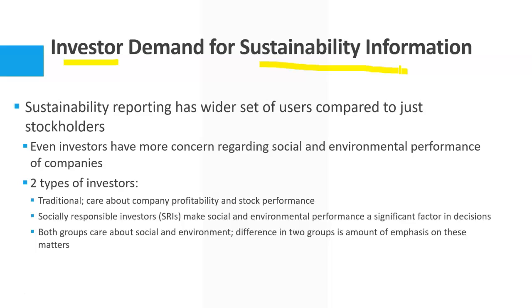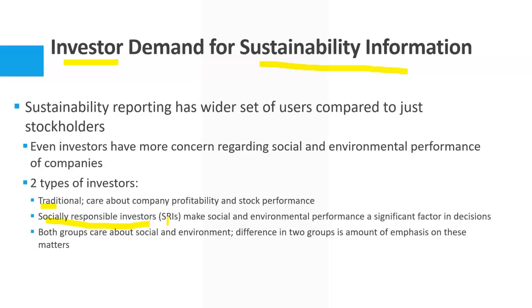To understand the investment community demand for the information content in sustainability reports, it is useful to separate the investors into two classes, or two types. One we call the traditional investor, and number two we call the social responsibility investor, or in brackets, SRI.